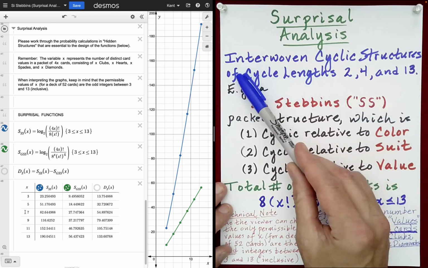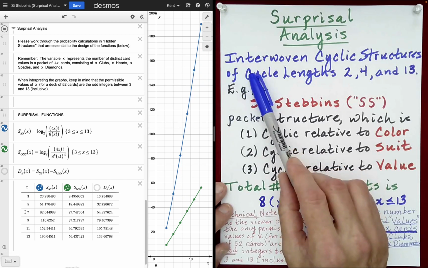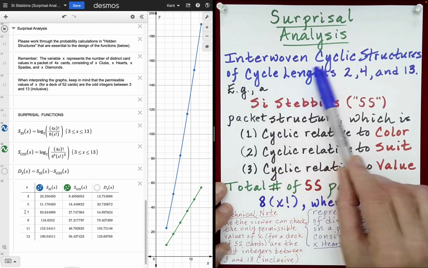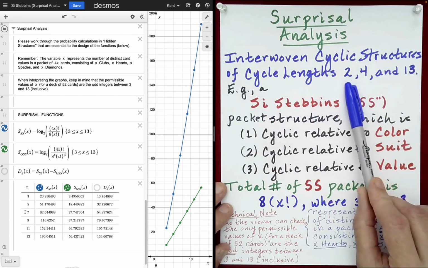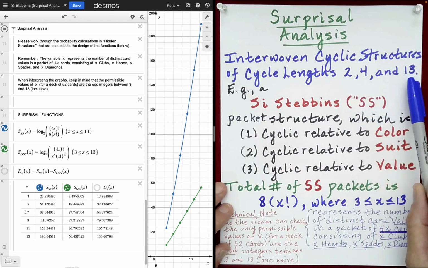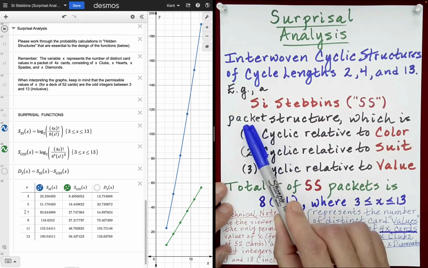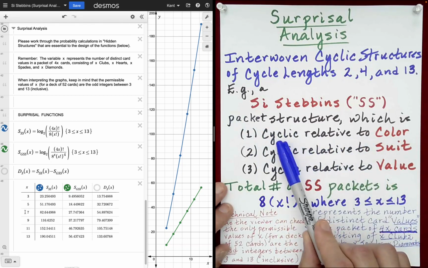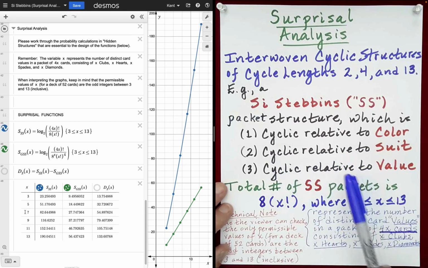So just to review, a Si Stebbins organization involves the interweaving of cyclic structures of cycle lengths 2, 4, and, in the case of the entire deck, 13 for the card values, where the packet structure is cyclic relative to color, cyclic relative to suit, and cyclic relative to card value.